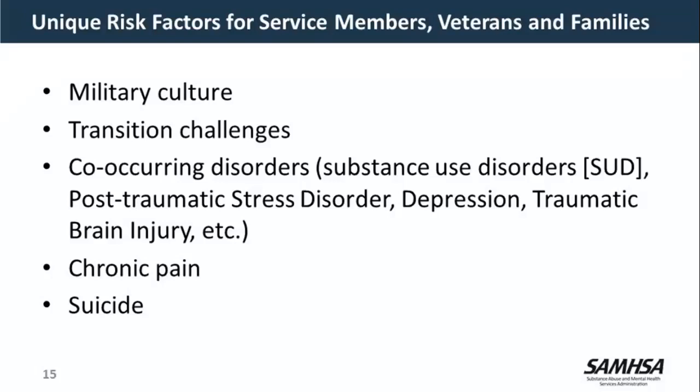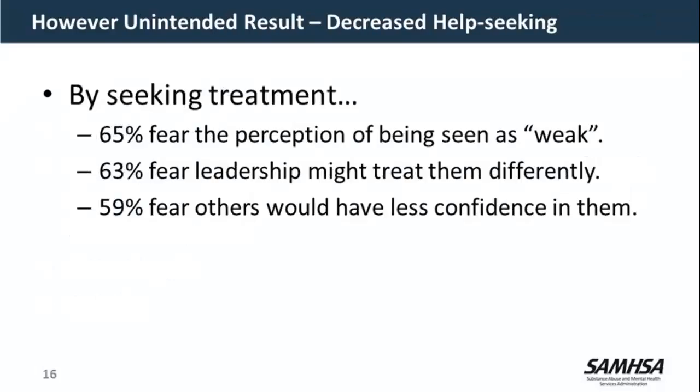We see high rates of co-occurring disorders. Many veterans report chronic pain, and we see an elevated risk of suicide among service members, veterans, and their families. And so, as I mentioned in the previous slide, the military culture sometimes has this unintended result of decreased help seeking.